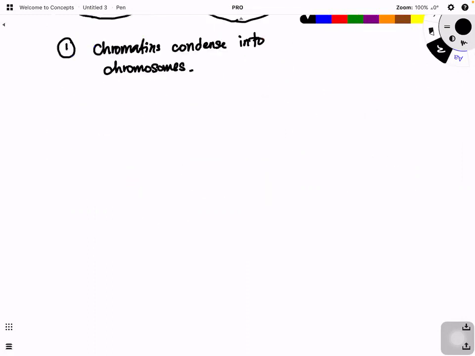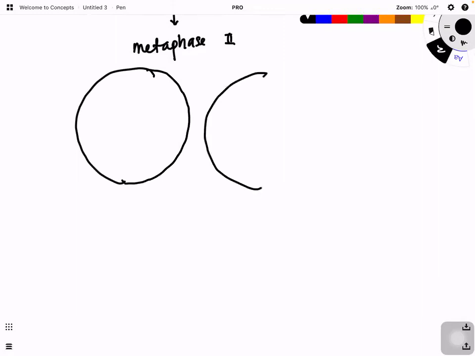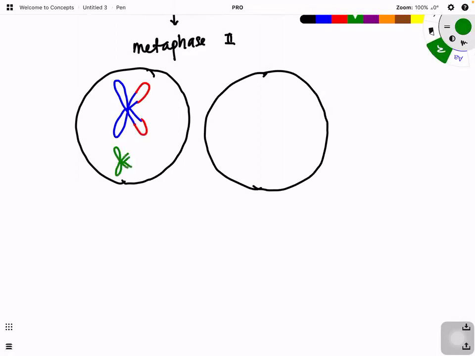And then continue to metaphase 2. During metaphase 2, you can see again that the chromosomes are now aligned at the metaphase plate, similar to mitosis. You can see the blue color, a little bit of red, and then the green color with a little bit of orange.